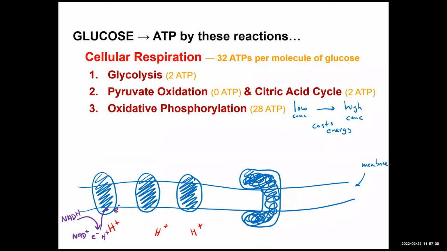When the electron creates a small bond and then breaks it with this transport protein, that is going to pump a hydrogen ion outside the compartment. As the electron continues its trip, every time it interacts with one of these proteins, that will provide enough energy to transport another hydrogen ion out of the compartment.